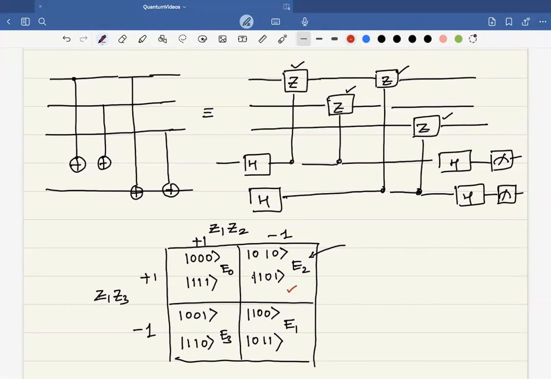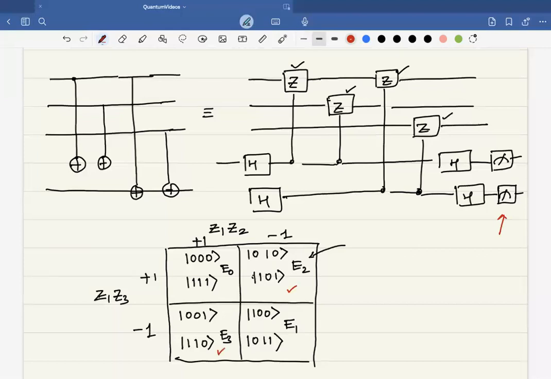On the other hand, if the error occurred on the third bit, then the measurement result of the Z1, Z3 operator will be -1, whereas Z1, Z2 will be +1. So we can uniquely determine it. By measuring the ancilla bits, we are able to correctly detect the kind of error that has occurred.